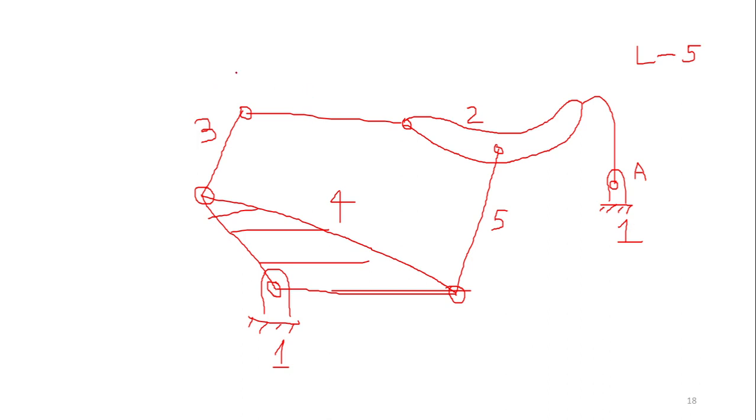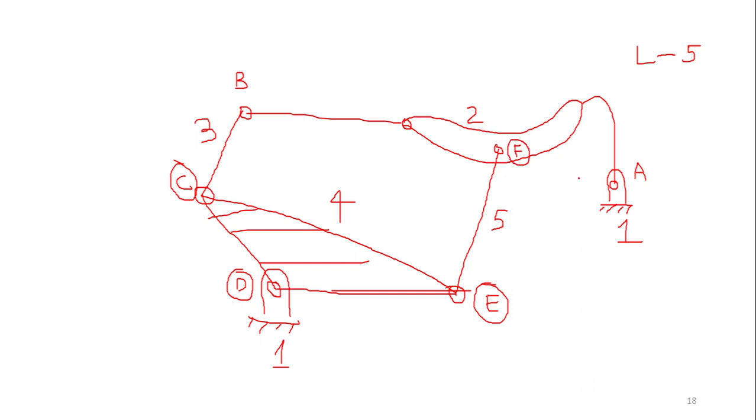Next I have a revolute joint here, B, which has 1 degree of freedom. I have one more revolute joint here, C, which has 1 degree of freedom. One more hinge joint or pin joint you can call. It has 1 degree of freedom, and D, and this is E. And I have one more joint here, F.